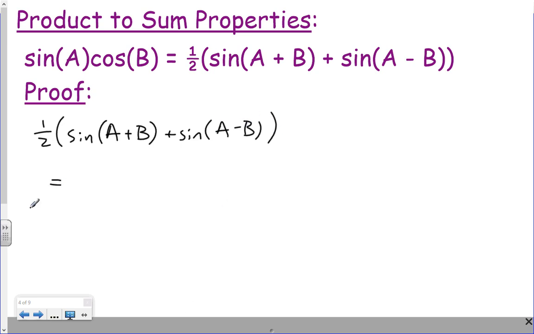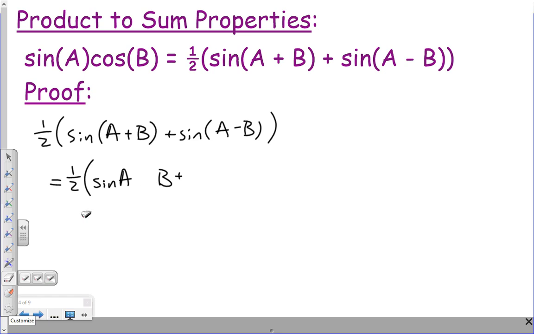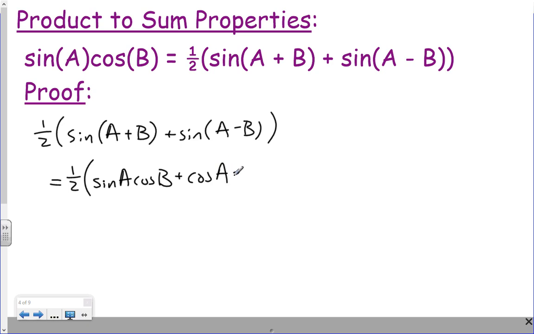All right, and we're just going to use our composite argument properties to rewrite this. So keep your 1/2 out front. Sine of A plus B, we can rewrite that as the sine of A times the cosine of B, plus the cosine of A times the sine of B. In fact, let me put that in parentheses here.